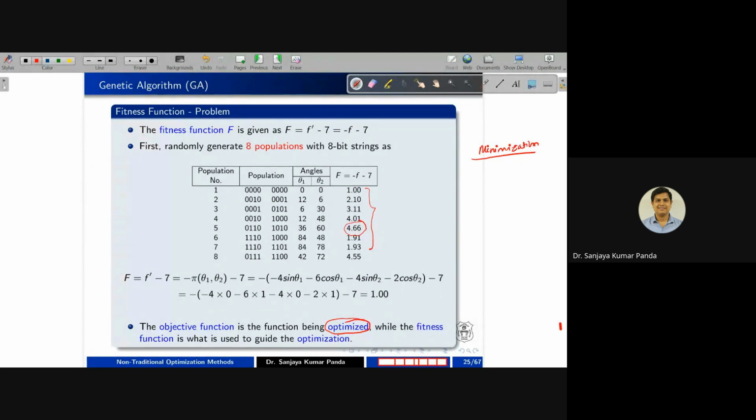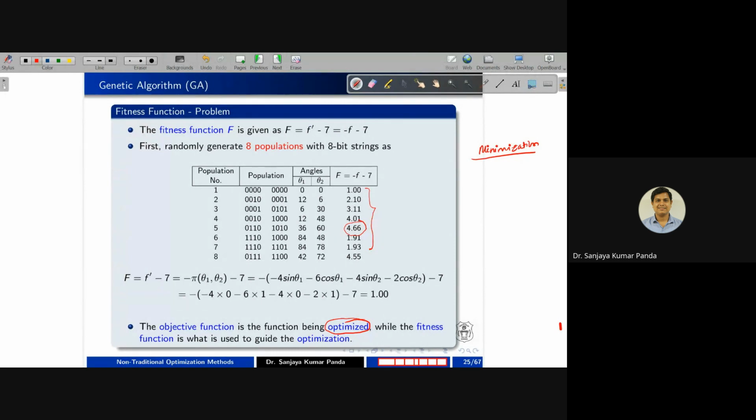That means it is guiding the process of optimization. But objective functions are not meant for that; they are meant for doing optimization, to minimize or to maximize. But the good thing is that in many cases, the objective function can be the same as the fitness function. Whatever objective function you have taken, I can take that as the fitness function.